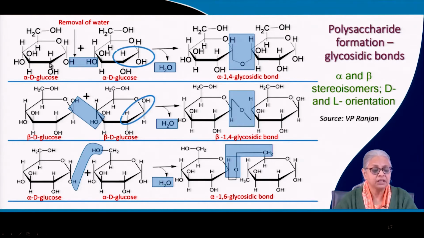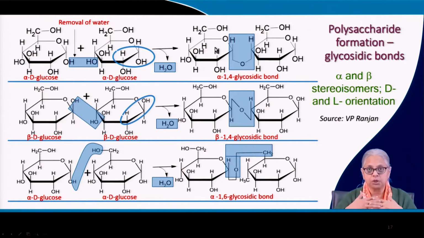So you can see at the C1 position, you have a hydroxyl group which is bonding with the carbon on the adjacent glucose molecule at the C4 position. So here hydrogen from the C1 position and OH from the C4 position on the adjacent glucose, they are going to be lost in this synthesis reaction.